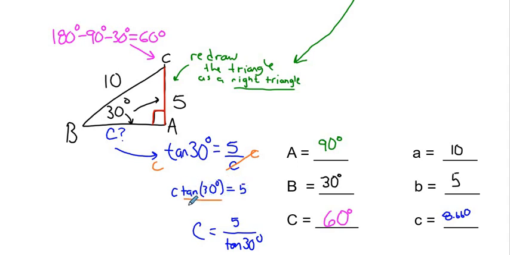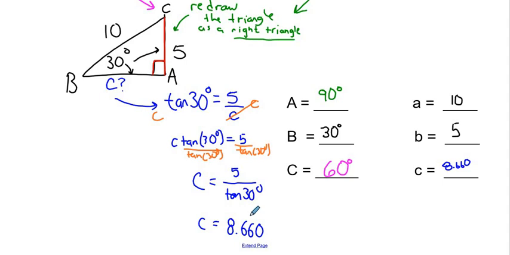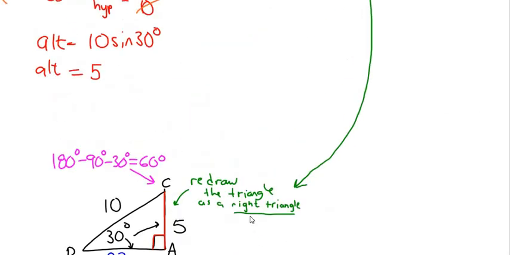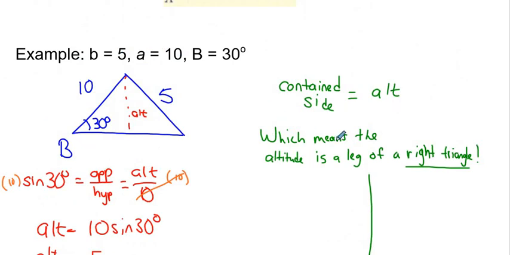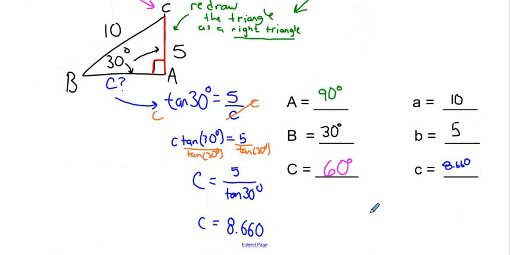You would then divide by tangent of 30. Remember your algebra skills in trig. And then you get the only answer you actually had to find using trig in this problem, which is 5 over tan 30, which if you type in the calculator is 8.660. Then double check to see if there's any units, which in this problem there were not. So we can leave it like that.